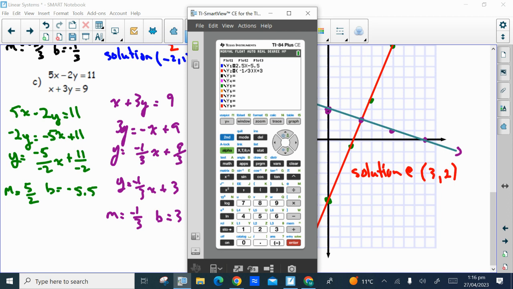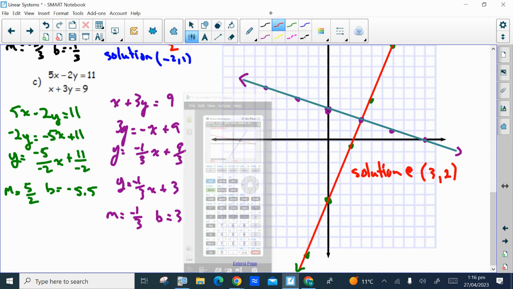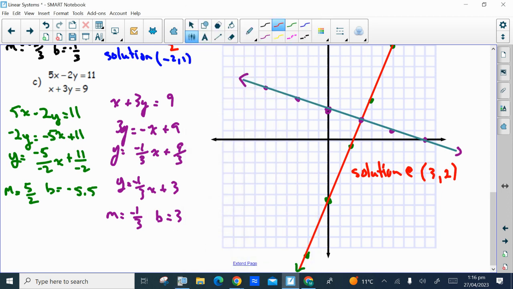You will not get the right answer for the point of intersection if you put it as negative 0.3. So second function trace, number 5 for intersect, enter, enter, enter. So there we got the (3, 2) that we found. So as long as we did our work correctly to get y by itself for the two equations, our answer is confirmed.